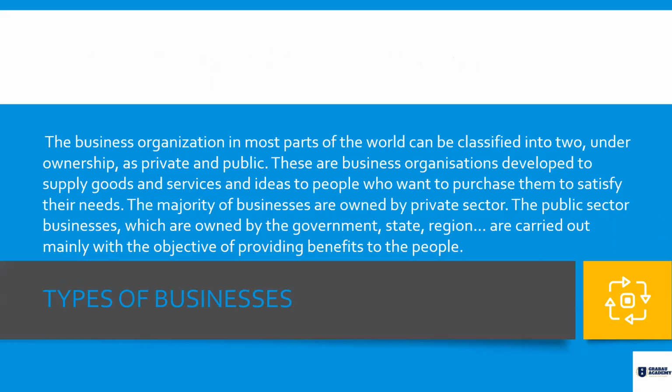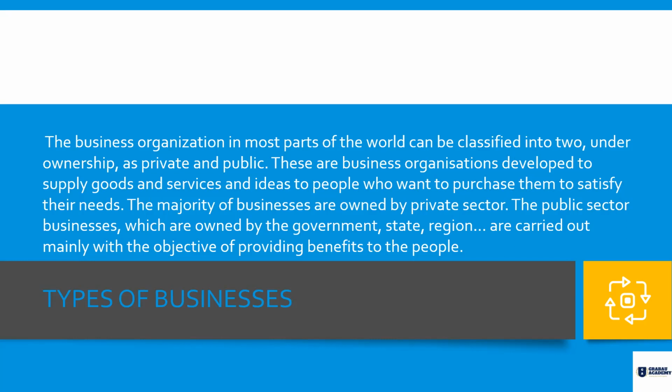So then we can also say that there are two types of businesses, private and public. Now, the private ones make up about 90% of the total amount of companies in the world, because private companies are the ones that everybody can create.